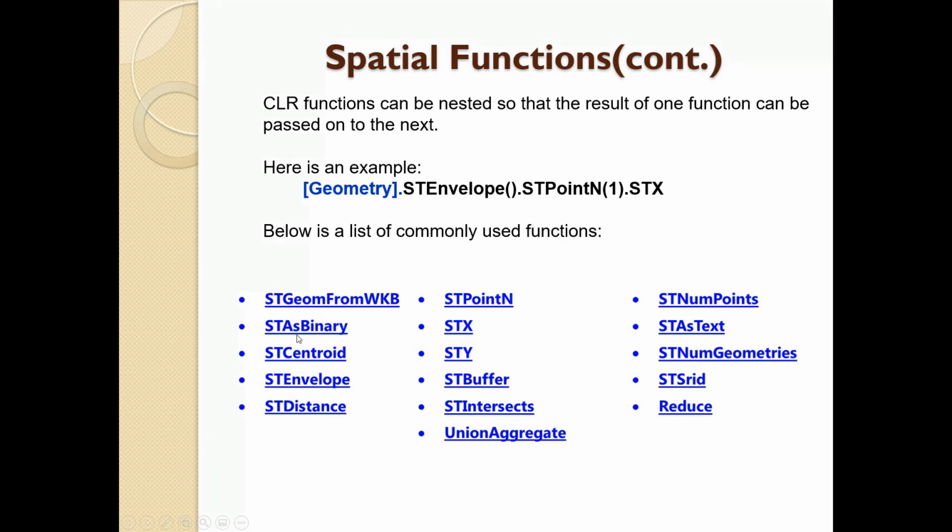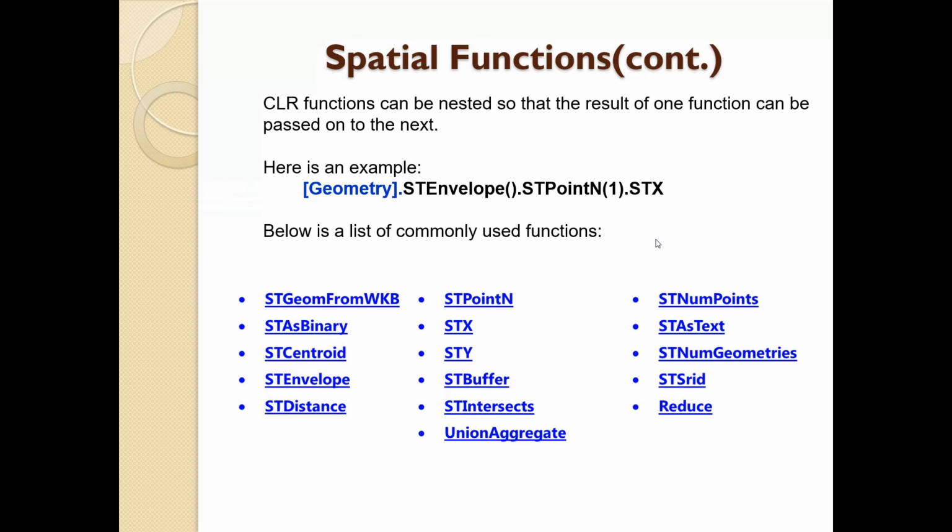We saw this ST as binary before in that example I showed you. There's also centroid, envelope, distance, and a bunch of points and buffer functions. This one, intersects, I'll be using later, so you'll be seeing that. And union aggregate functions. So these are some of the common functions that you might encounter.